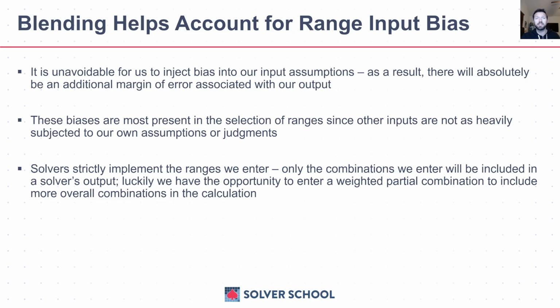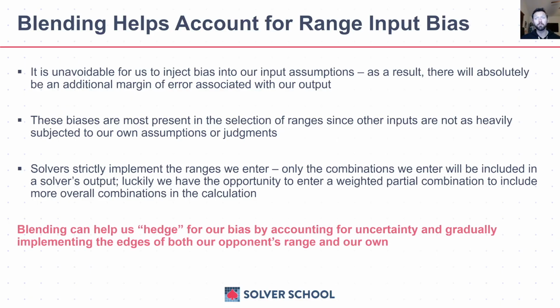But luckily, we have an opportunity to enter weighted partial combinations to include more overall combinations in a calculation while not changing the macro level frequency that much. And that's what I'm going to call blending.